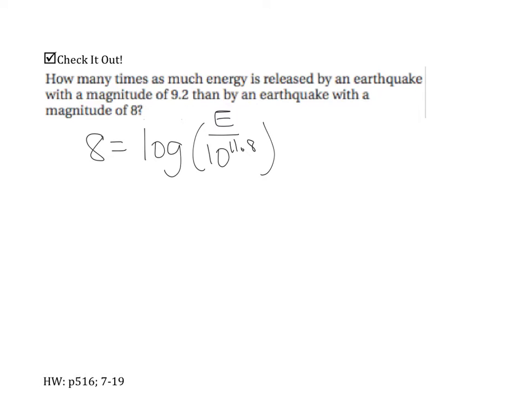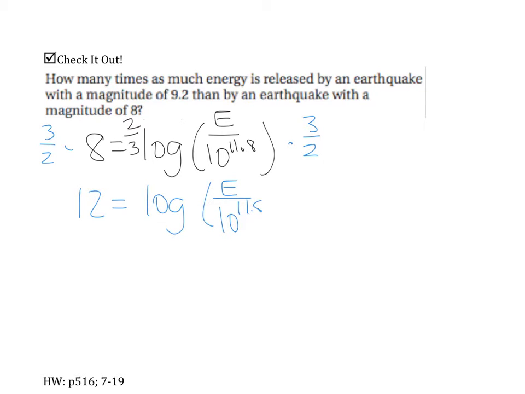And I forgot the 2/3 here. So now I'm going to multiply both sides by 3/2 to get rid of that. Then I do the subtraction because I'm dividing.